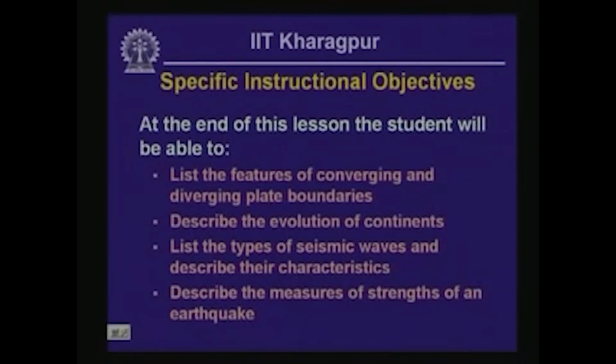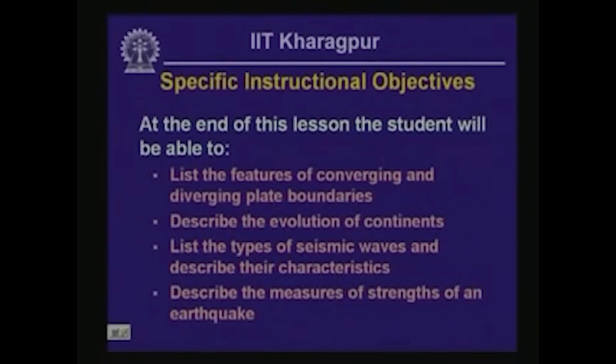This is also really an unfinished objective of the previous lesson, a continuation in fact of the previous lesson. List the types of seismic waves and describe their characteristics. This is a new topic, and describe the measures of strengths of an earthquake.